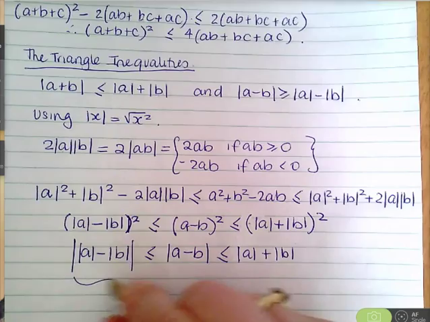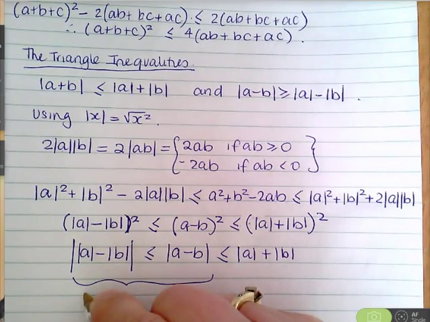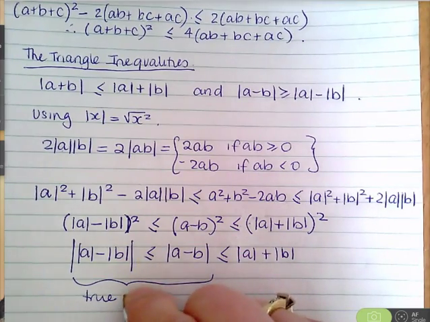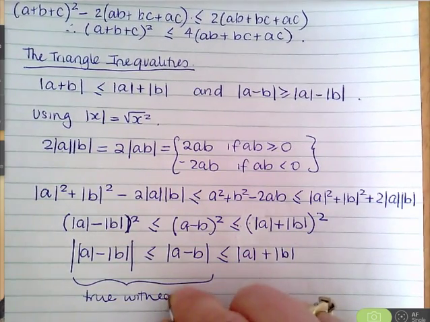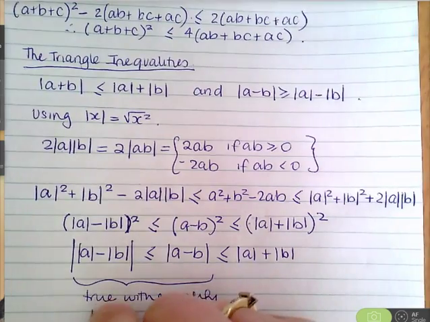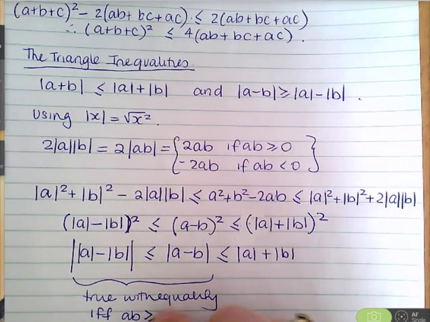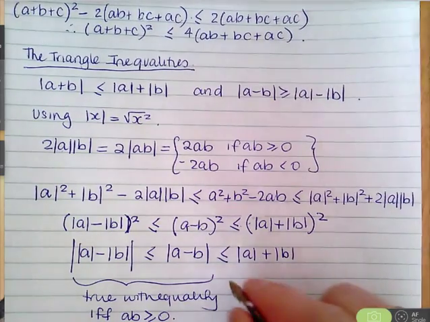Now, this left-hand inequality here is true with equality if and only if a times b is greater than or equal to 0.